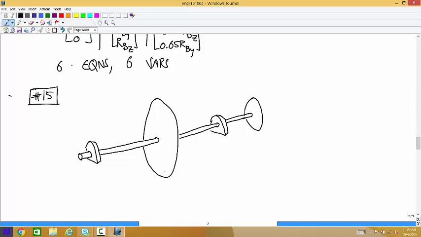Okay. The gear here has a radius of 1.5 inches. And the little gear has a radius of 1/2 inch.